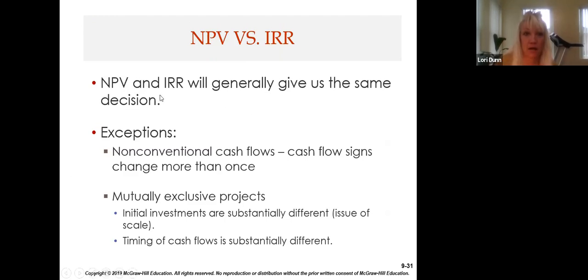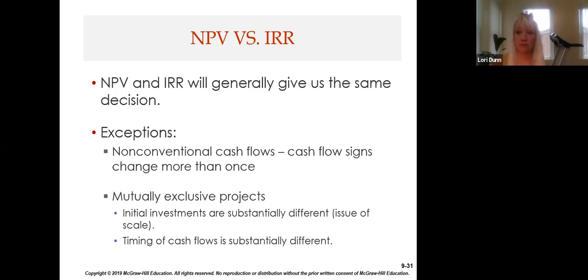Now, net present value and internal rate of return will give us the same answer when we're trying to make a decision, except for two areas. And you need to be aware of this, because if you're trying to decide to take on a project and you're using internal rate of return or net present value, you're going to have some things that don't work out. The first one is called non-conventional cash flows.